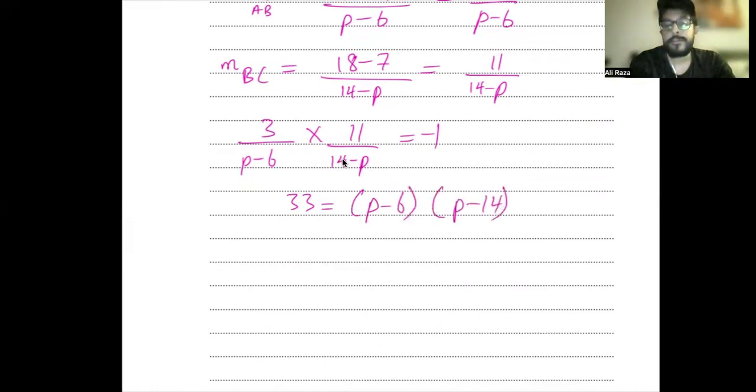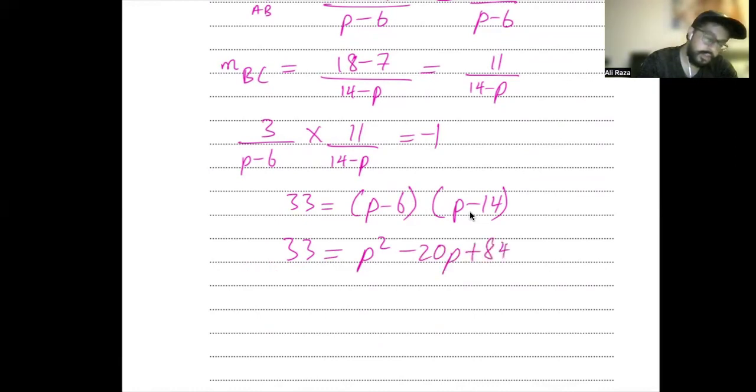When I multiply 14 minus P with minus 1, I get P minus 14. 33 is equal to P squared minus 20P plus 84. P squared minus 20P plus 51.